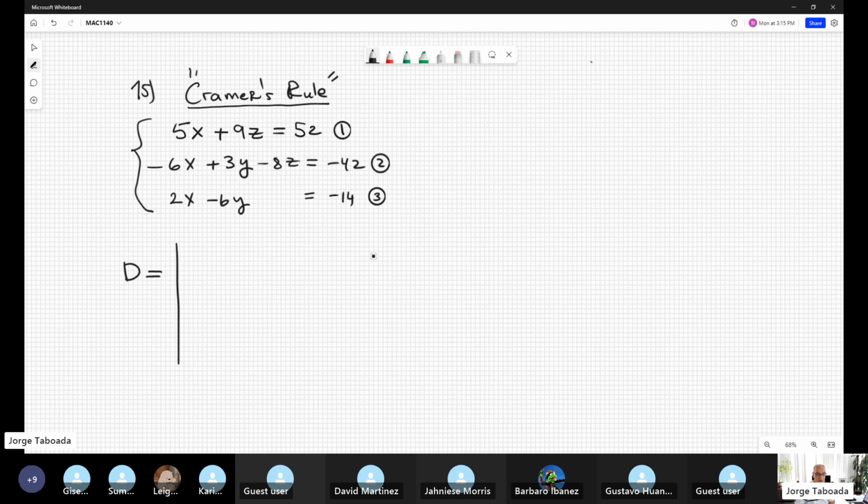Of course, determinant is applied for square matrices: 3 by 3, 2 by 2, 4 by 4. No rectangles. Look, so you form the coefficients: 5, 0, 9, minus 6, 3, minus 8, 2, minus 6, 0.